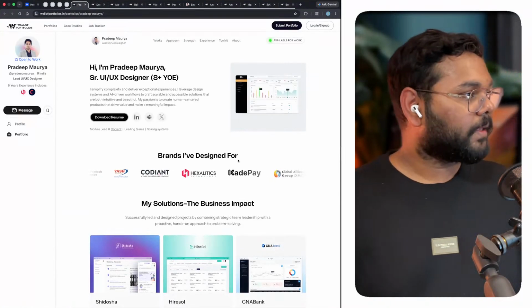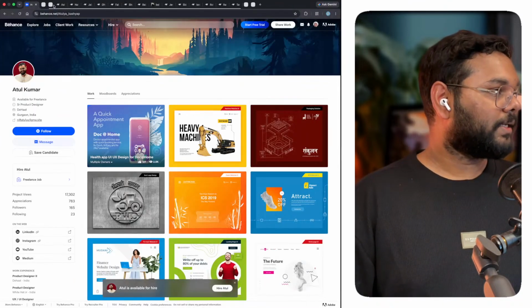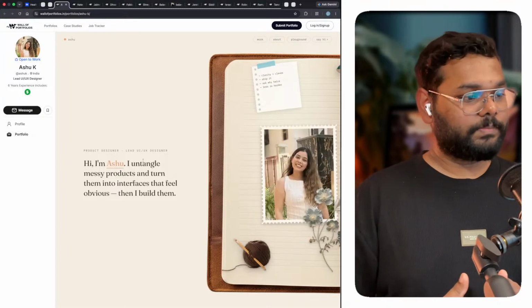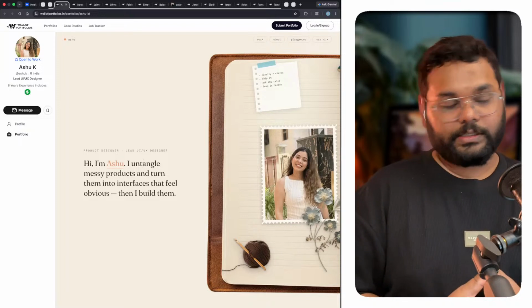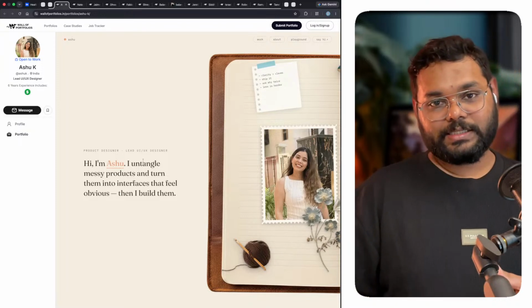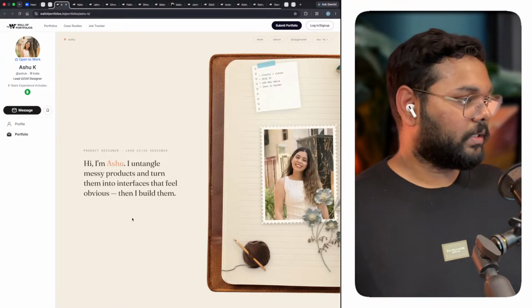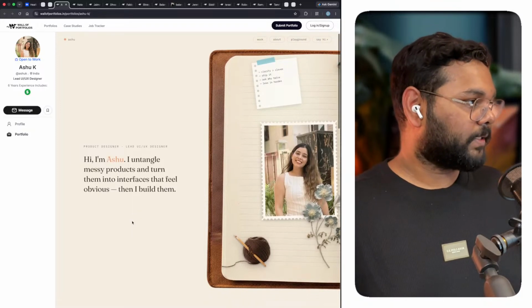Anyway, I went through a lot of portfolios, and I realized there are a lot of things I liked about these portfolios, and I also want to copy it, or at least get something similar. And the first one, we start from here, right?